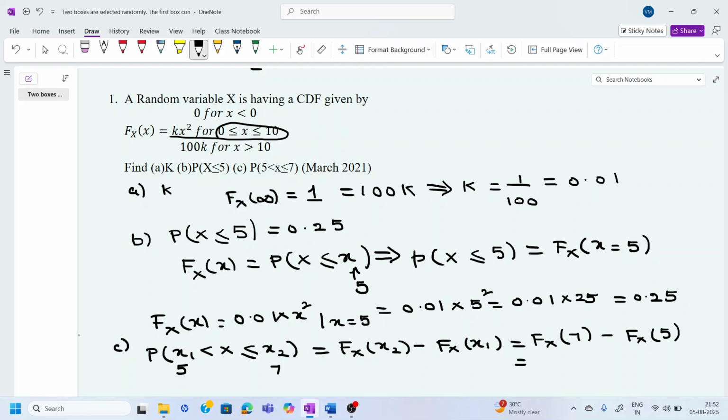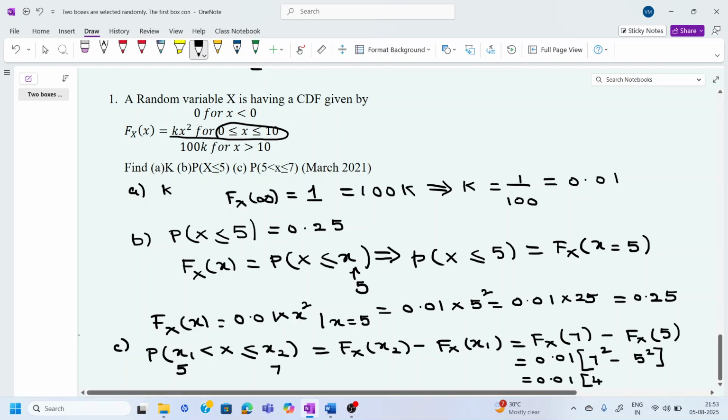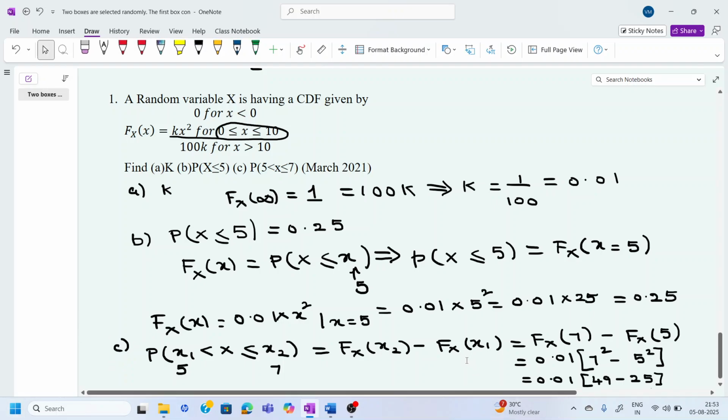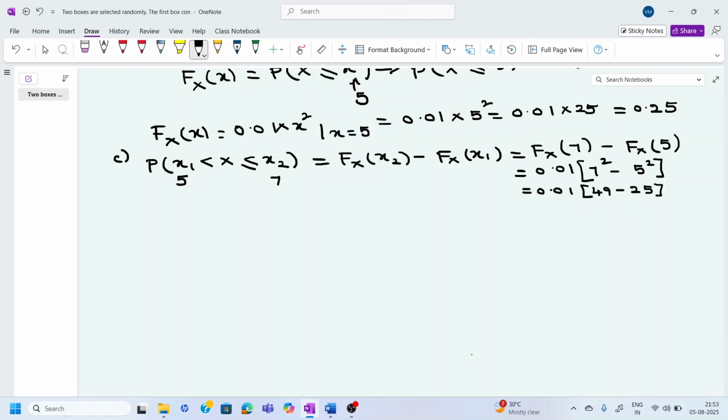So that is equal to k, which is 0.01, times 7 square minus 5 square, that is 49 minus 25. 49 minus 25 means 24.